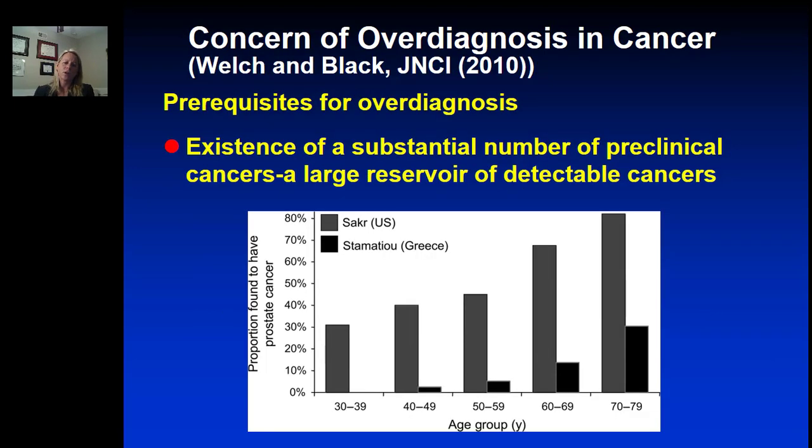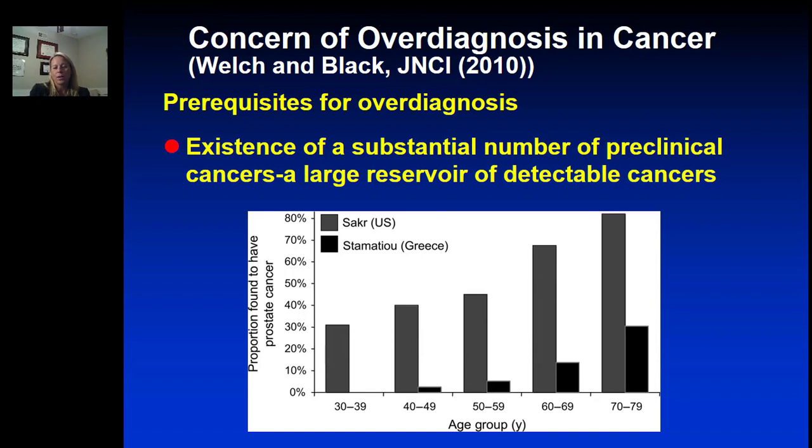So this figure illustrates the proportion of specimens that were found to have prostate cancer. And again, this is among deceased individuals who didn't have clinical prostate cancer before they died. These specimens were examined post-mortem, and this illustrates the proportion of those specimens, by age group of the individual who passed away, who were positive for prostate cancer.